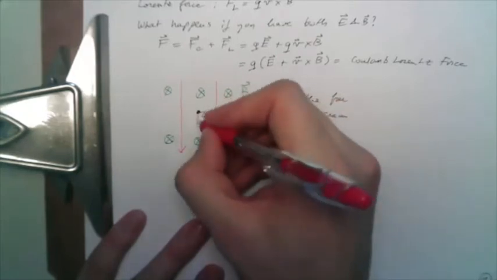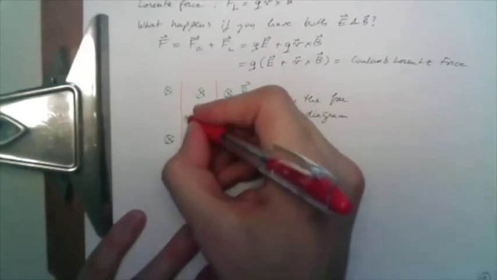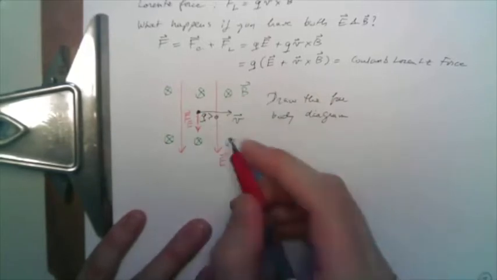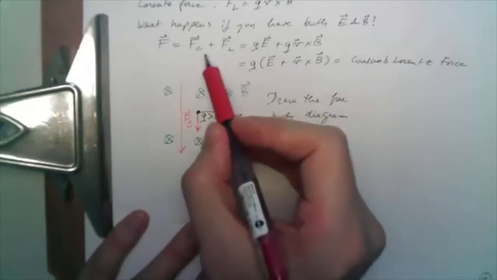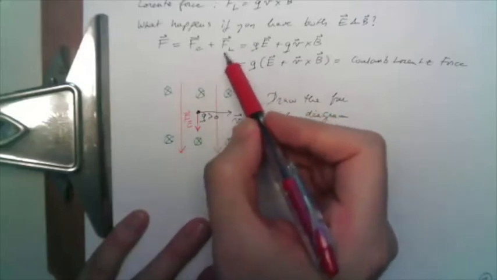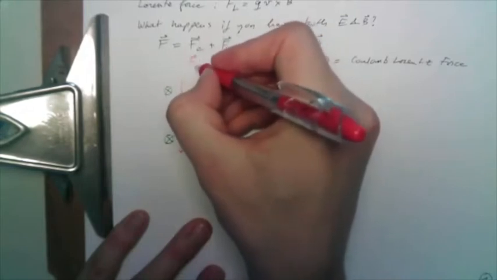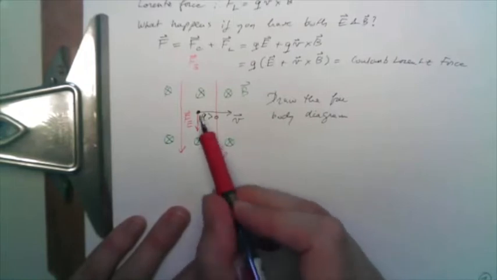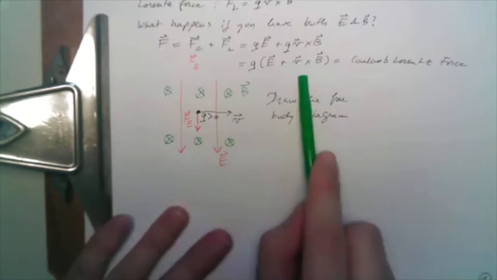So I'll draw this down. Sometimes it's easier to just draw it as an F sub E, because the C and the L, especially if you start writing fast, become hard to distinguish. So just do F sub E. Okay, so that one's easy. It's just pointing down.